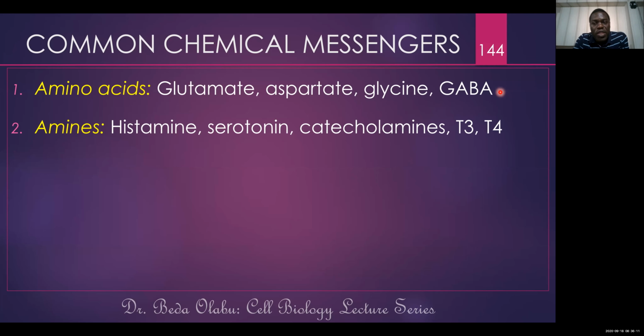There are some chemical messengers which are called amines. An amine is where you have two amino acids. All right. So you have histamine, serotonin, catecholamines. Catecholamines include things like adrenaline and noradrenaline.